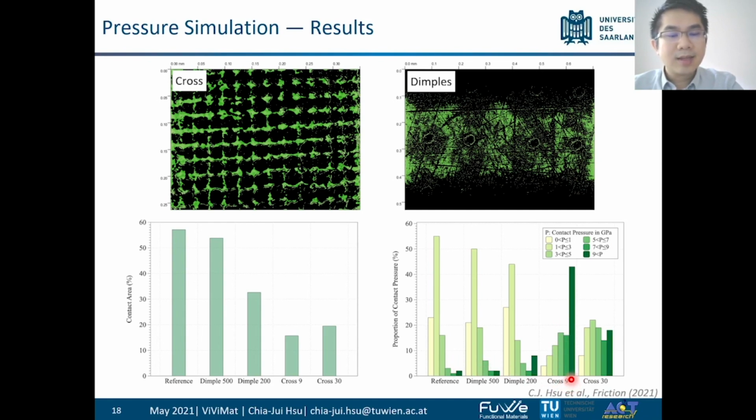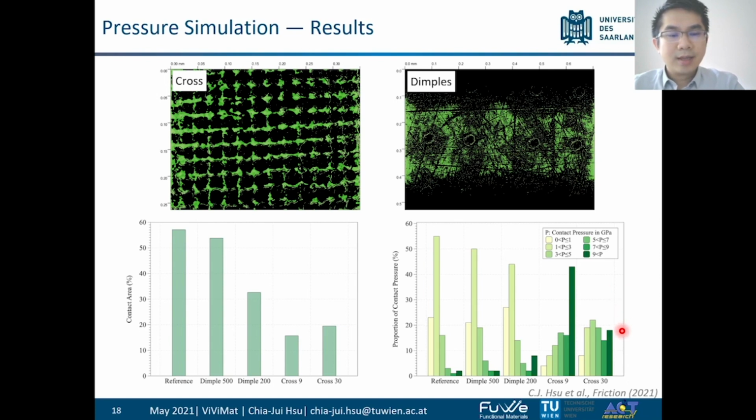But the cross 9 has also a larger proportion in the pressure that is larger than 7 gigapascal. And we can say that these pressure points that are larger than 7 gigapascal is beyond the optimum pressure range, and actually it is harmful for the growth of tribo layer.